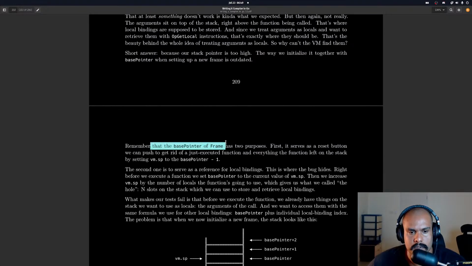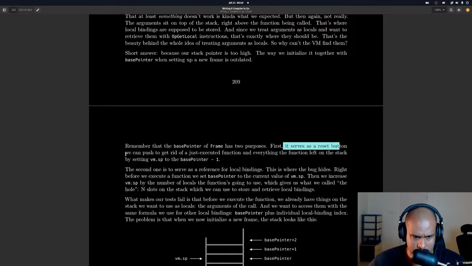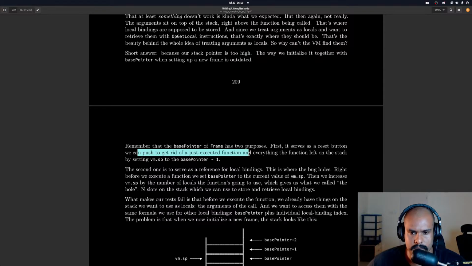Remember that the base pointer has two purposes. One is when you pop the function off the stack, you want it to return to the first one. First, it serves as a reset button to get rid of the just executed function and everything the function left on the stack.